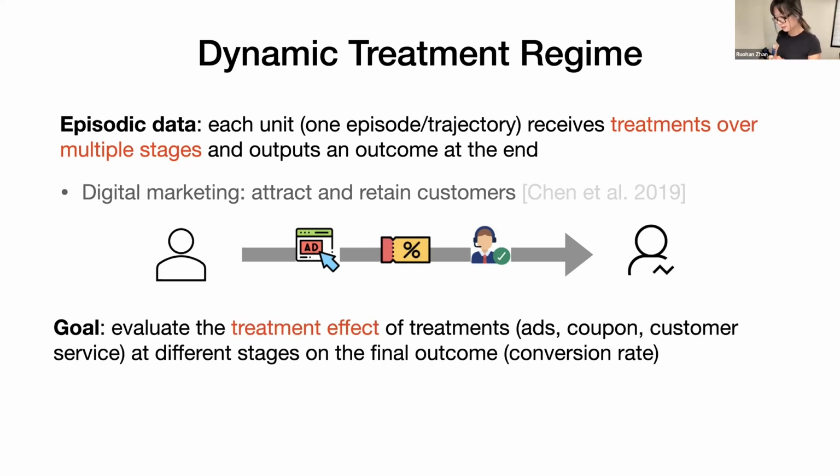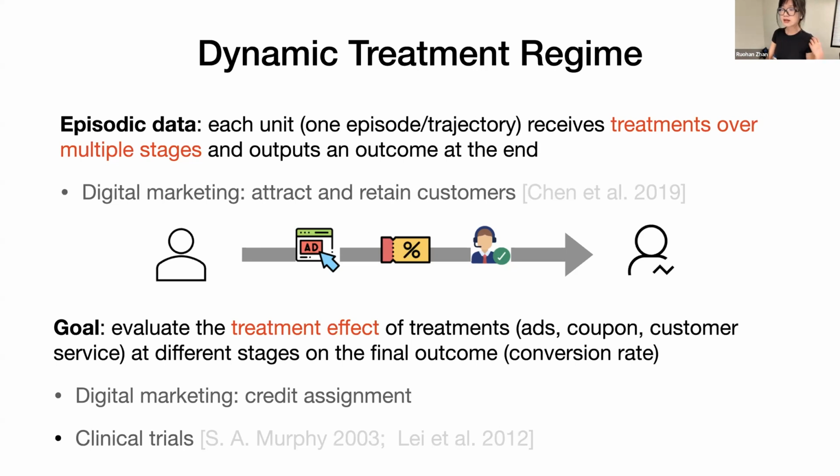So when the platform has collected some data from its production system, it is interested in evaluating the efficacy, or the treatment effect, of the different treatments on the final outcome, which is the conversion rate. With that, the platform can assign credit to the different marketing strategies, such that the company can better budget funding towards different strategies in the next round.